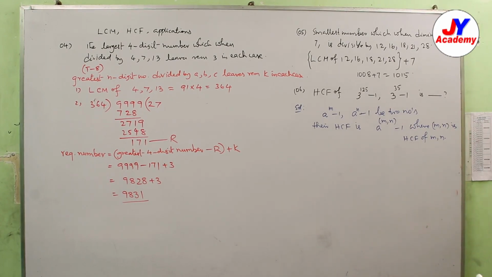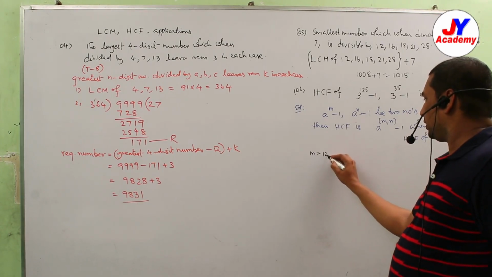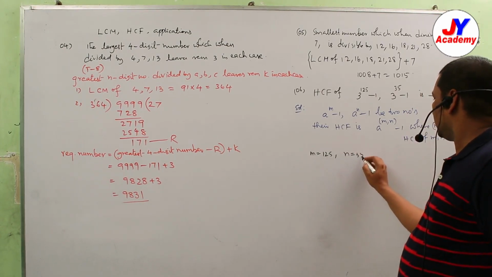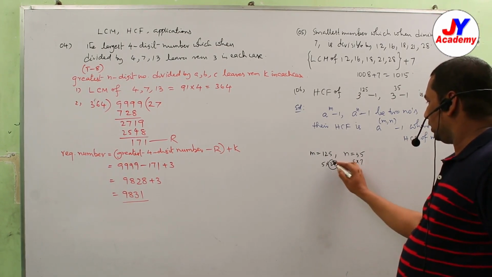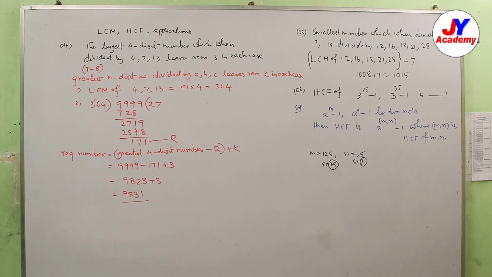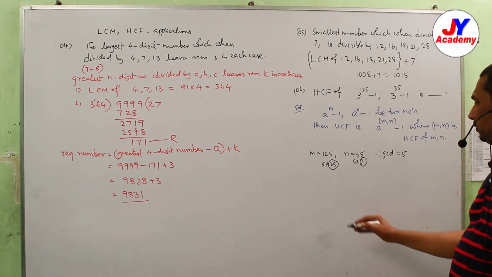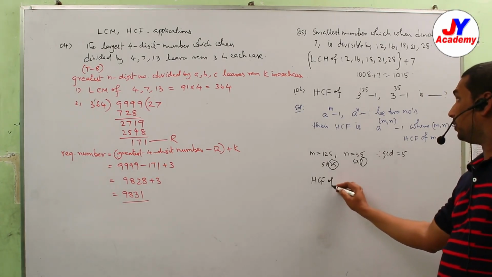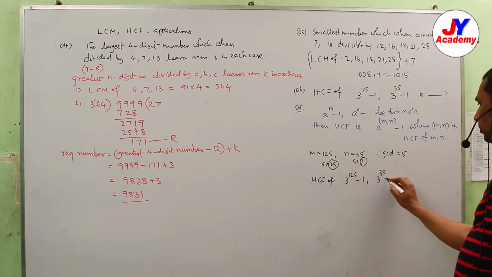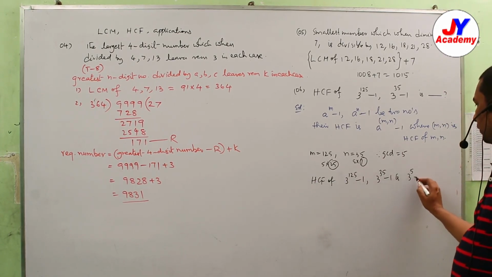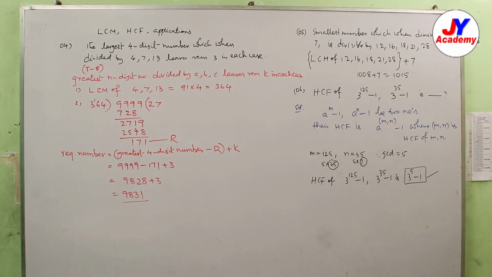So by using that concept, here what is m? 125. What is n? 35. So 5 25s, 5 7s, and there is no common factor for 25 and 7. So therefore the GCD is 5. So therefore the HCF of 3 power 125 minus 1 and 3 power 35 minus 1 is 3 power 5 minus 1, the required answer. So it is another method.